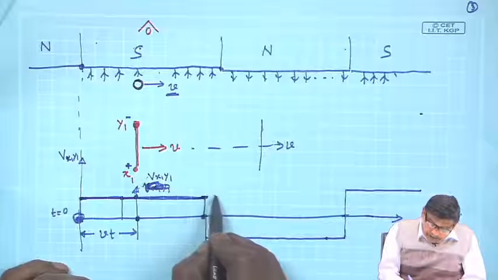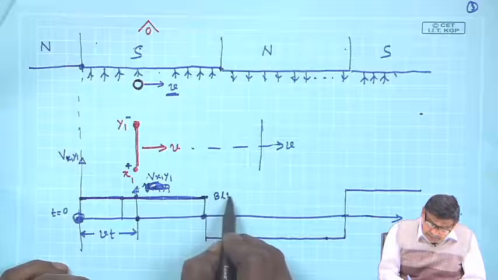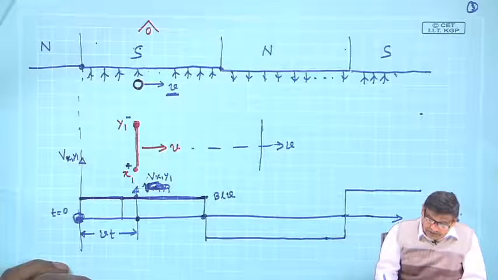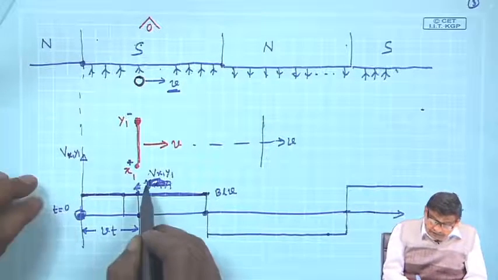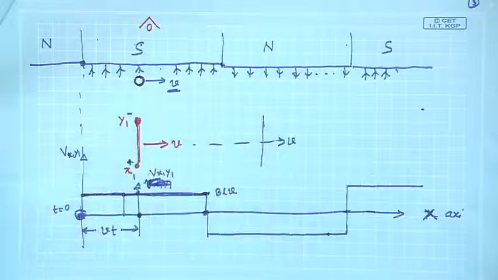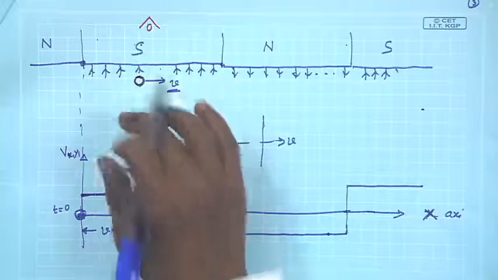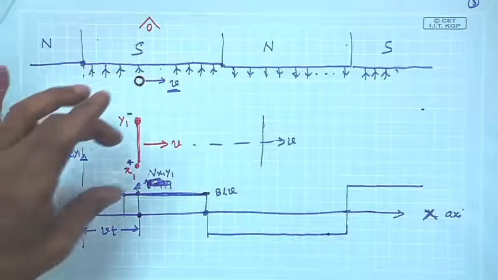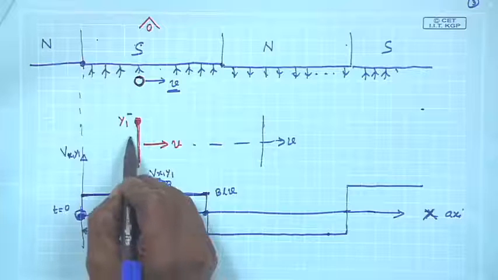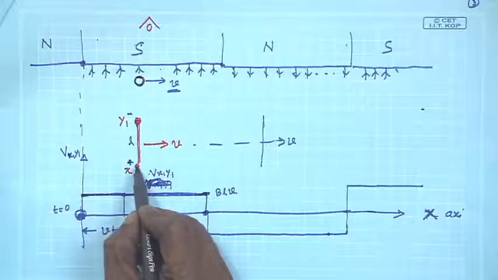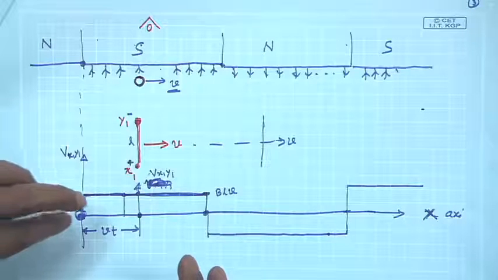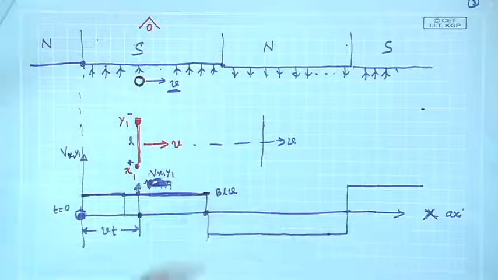The amplitude is BLV; B is constant, L is constant, V is constant. So, this is the voltage one will expect across this straight conductor of finite length L, and the potential of x1 with respect to y1 will be sometimes plus, sometimes minus.